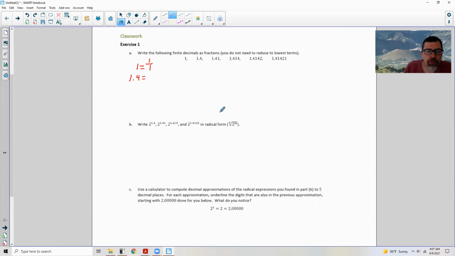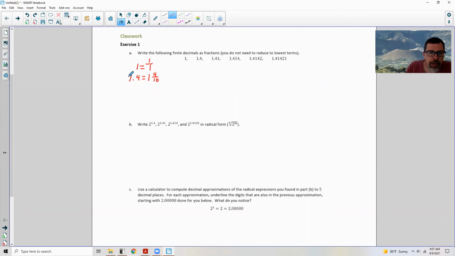1.4 equals. Now, the easiest way to write a fraction: instead of saying 1.4, why don't we just say 1 and 4 tenths?